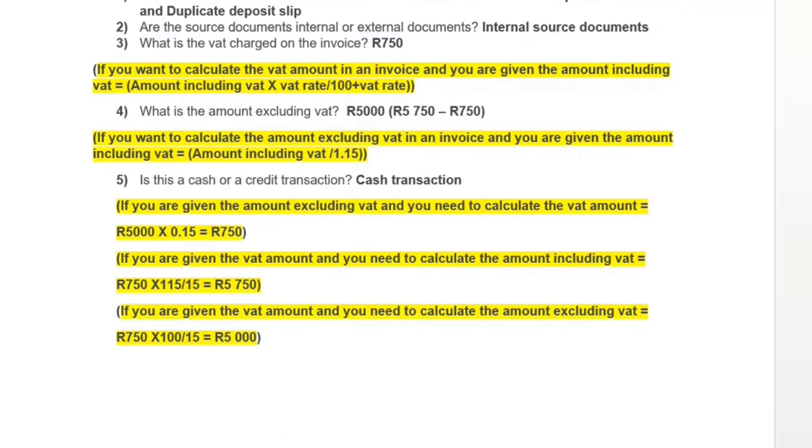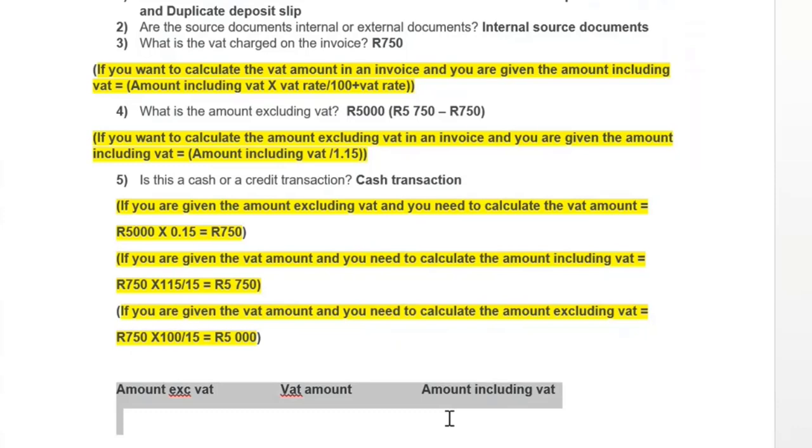So basically now, after this transaction, after this sale, this will happen: amount excluding VAT, VAT amount, and amount including VAT. So this is what normally happens.